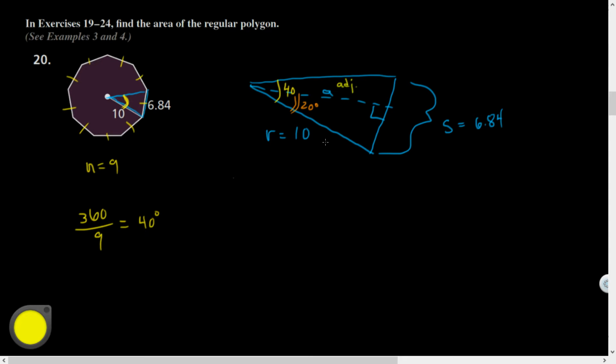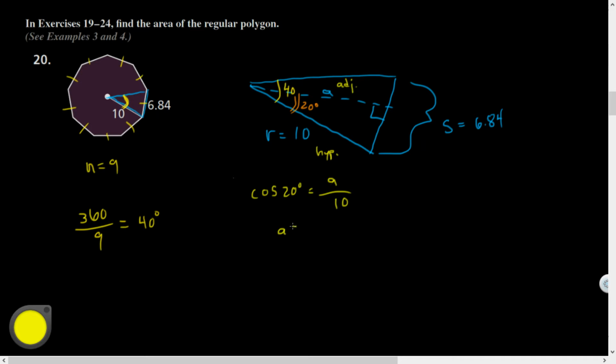Yeah, the relationship between the adjacent and the hypotenuse is cosine. So I'm going to say cosine of 20 degrees is going to equal the adjacent, which happens to be the apothem, both labeled a conveniently, divided by the hypotenuse, which is the radius of my nonagon.